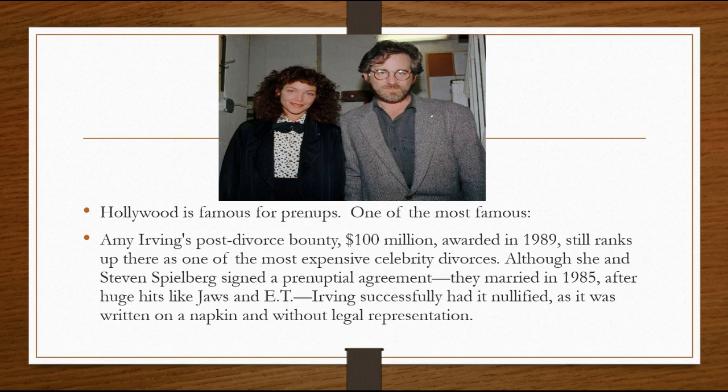So when she got divorced, she was in California. It was community property, and she got $100 million because the prenup that she and Steven Spielberg did on a napkin was not legally binding because it was written on a napkin and she didn't have the ability to talk to an attorney about it. So she got community property in the state of California and she got a ton of money.